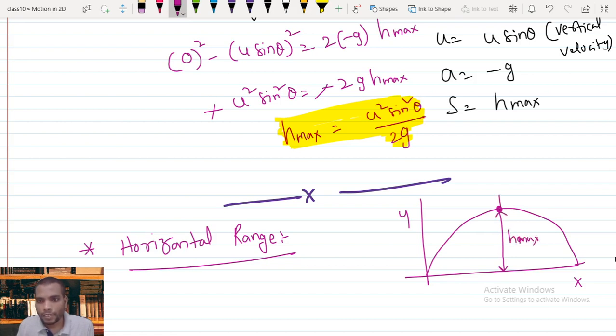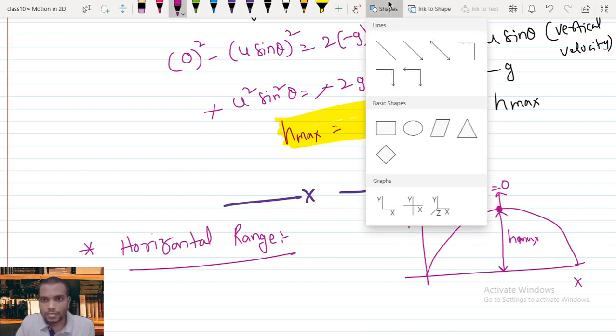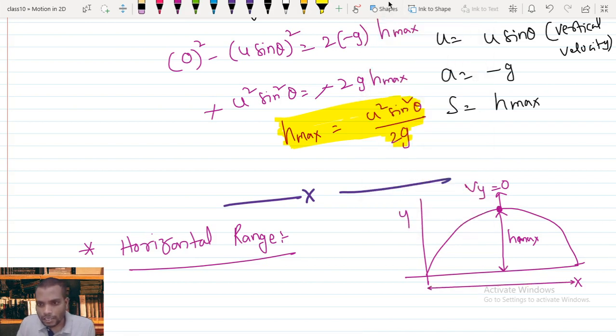The important point here is that at the top the vertical velocity v suffix y equals 0. But when it comes to horizontal range, from the starting to the ending point of the projectile motion, the horizontal distance traveled by the projectile during its time of flight is known as the horizontal range. We represent it with a capital R.